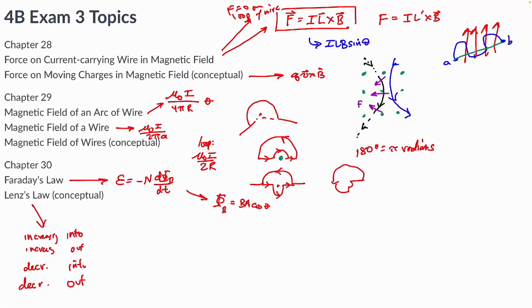So one of these is, right, the flux, the change in flux. The other side will be Lenz's law, the response, right? And what's the response to increasing out? This was easy because it was all increasing, wasn't it?